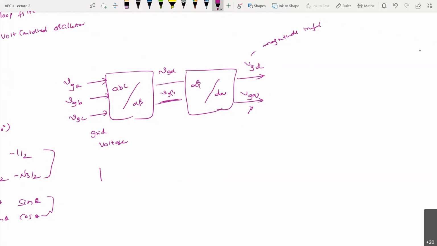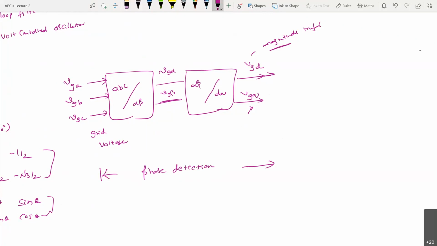So this entire thing is phase detection. This is magnitude. If you want the magnitude, we will use only this one.